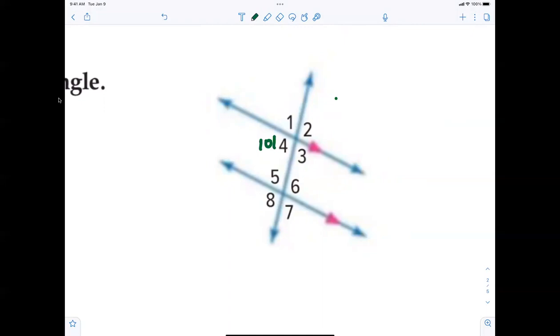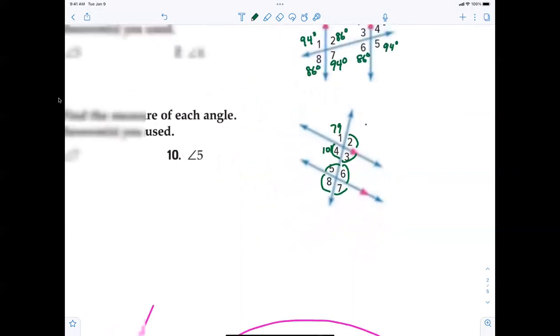And what's 8? Does everybody see how we're doing that? I always just look at the vertical angles. Those are always equal. And then you just do the supplements and then the verticals. So all the odds are 79 degrees and all the evens are 101. I'm pretty happy with that, guys. That's kind of easy.